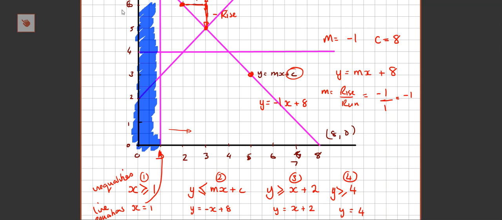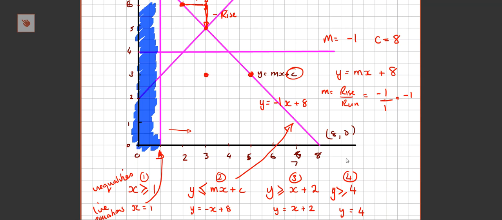The second line, which we've just looked at, is this one, and we're allowed where y is less than minus x plus 8. Now, is that above or below the line? It's maybe not as obvious, so we just have to check. Let's check a coordinate, 3, 3.